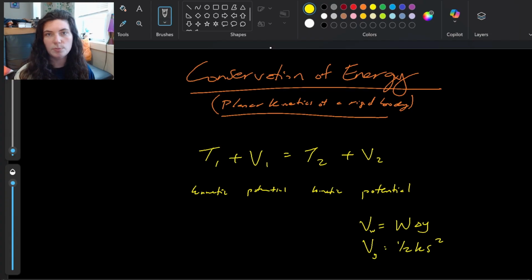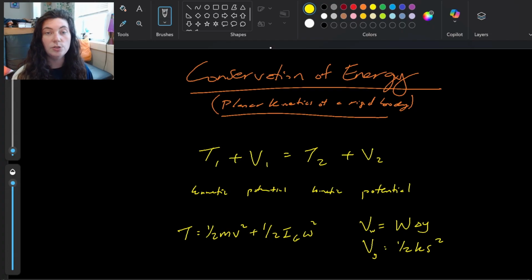We have the gravitational potential energy or elastic potential energy. Those are the only places our potential energy can come from. And then our general form for our kinetic energy, now that we have rotation to deal with, is going to be 1/2 mv squared plus 1/2 Ig omega squared.